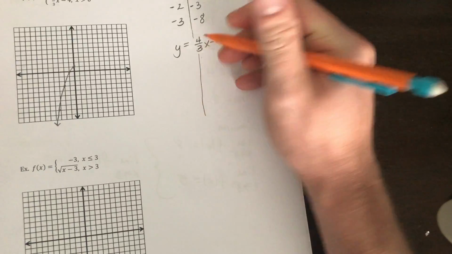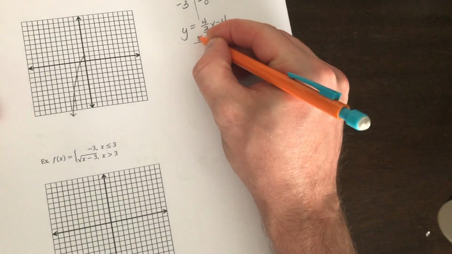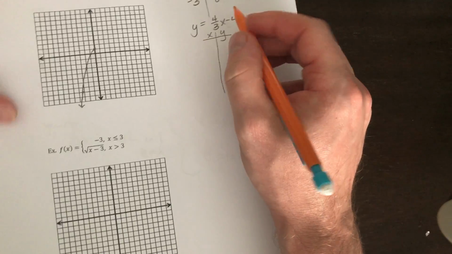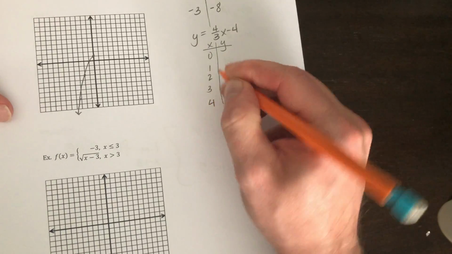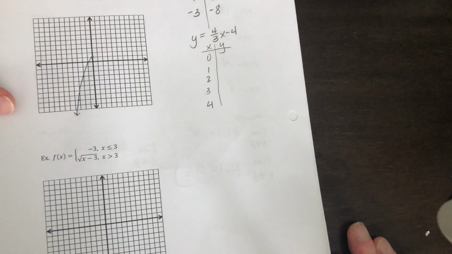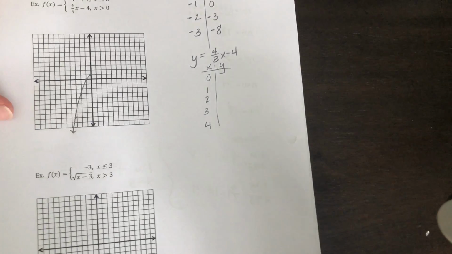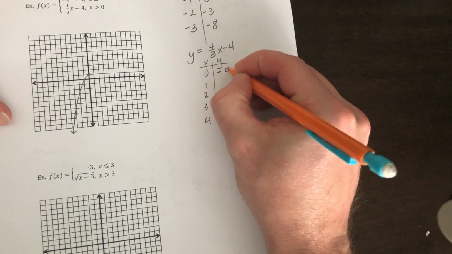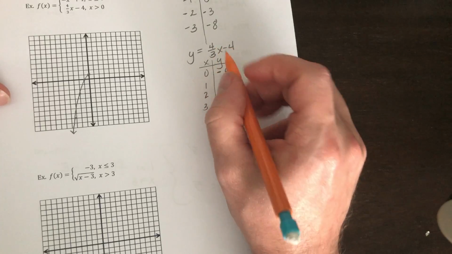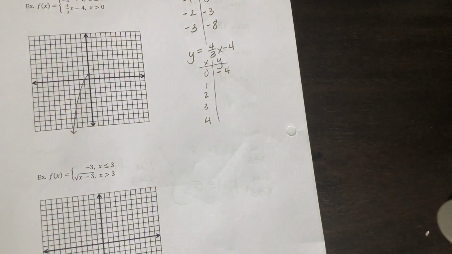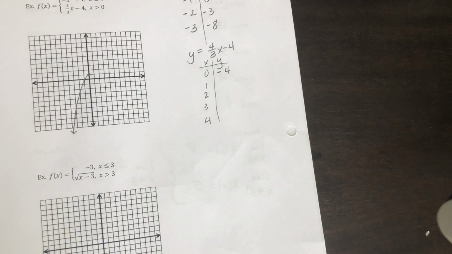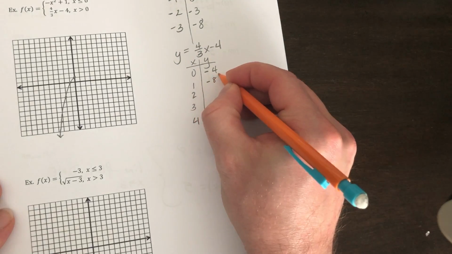Okay, so make our T-chart. I'm going to pick some values 0, 1, 2, 3, and 4. If I plug in a 0, 0 minus 4 is negative 4. If I plug in a 1, it's 4/3 minus 4, and you get negative 8/3.